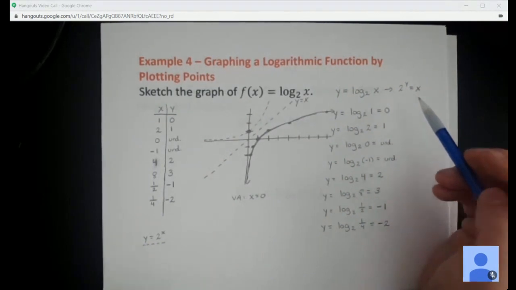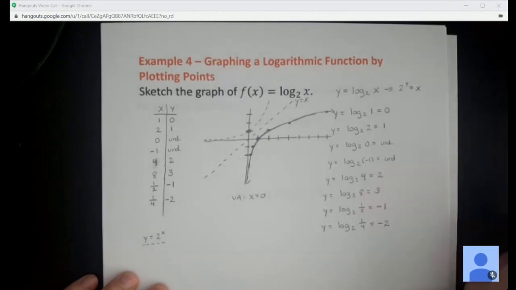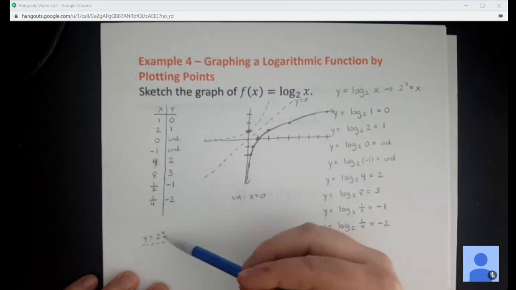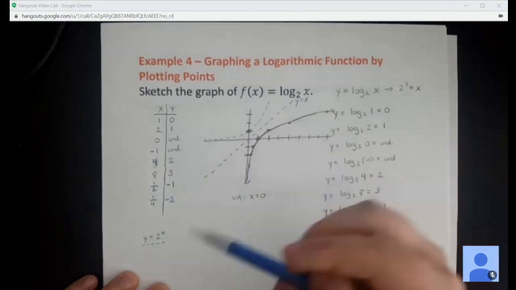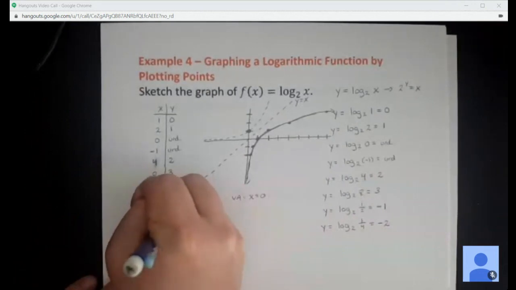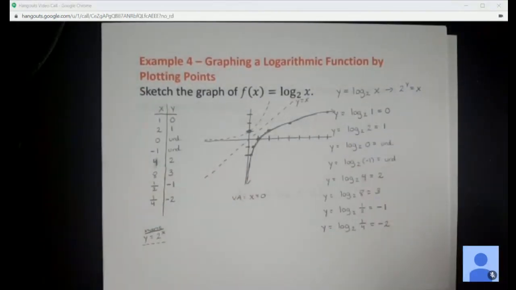So we switch the x and y values. So if I switch my x and y here, what's that going to give us? And I think Kenneth's got it there, right? So we're going to switch this to an x, which is going to give us 2 to the x. We're going to switch the x to a y, which gives us the y. And so this right here now becomes our inverse for that original logarithmic function.